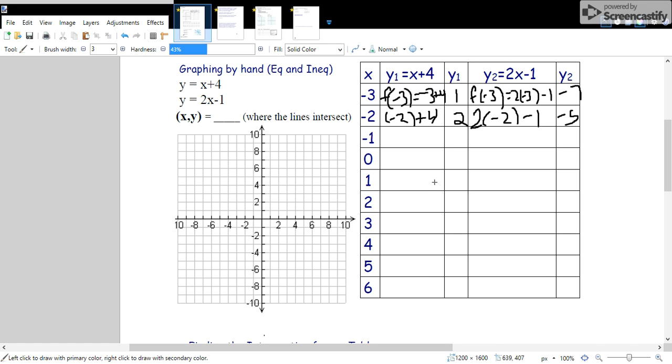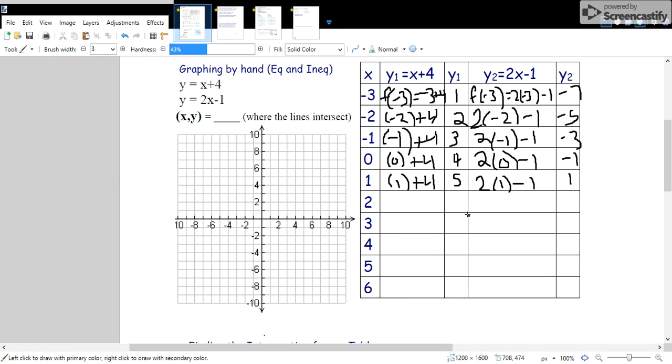Go ahead and pause the video, find the next 3 numbers, negative 1, 0, and 1, if you input those values. Here are our answers. We have 3, 4, 5, and negative 3, negative 1, positive 2. Notice a pattern here.